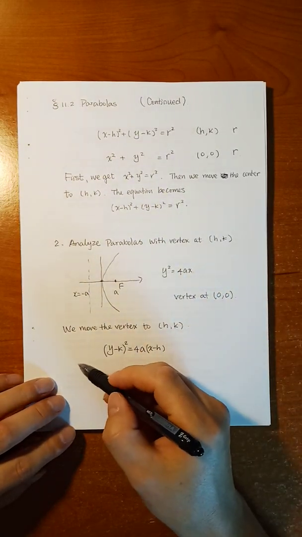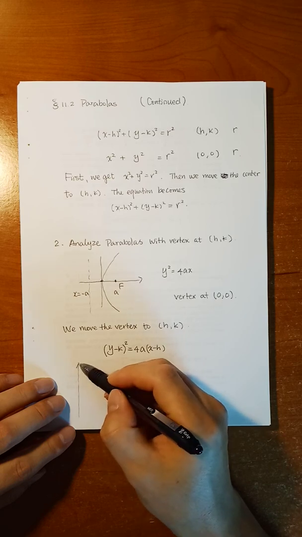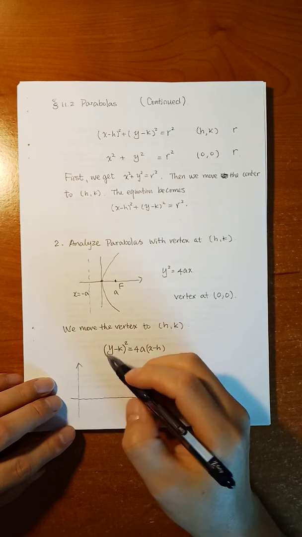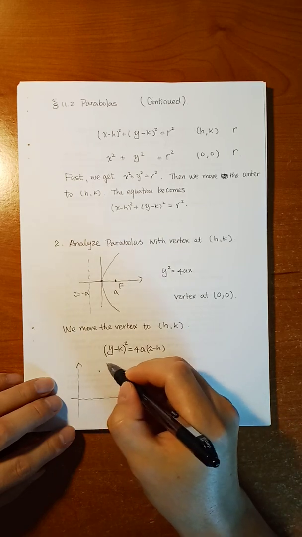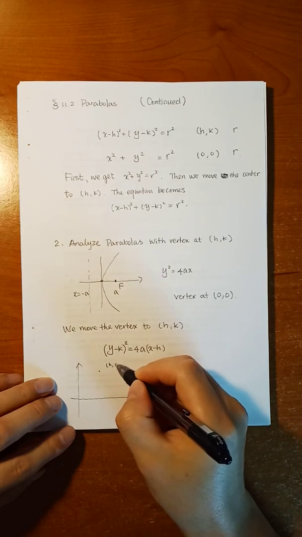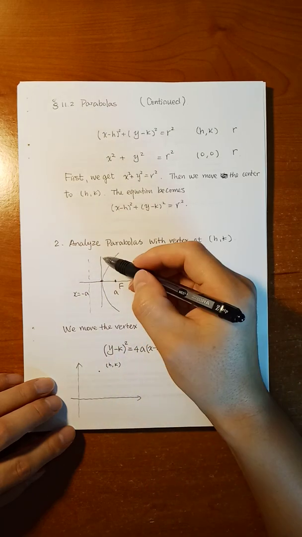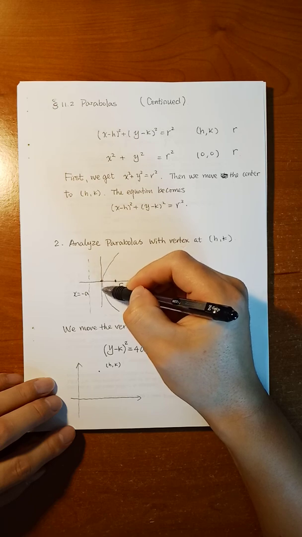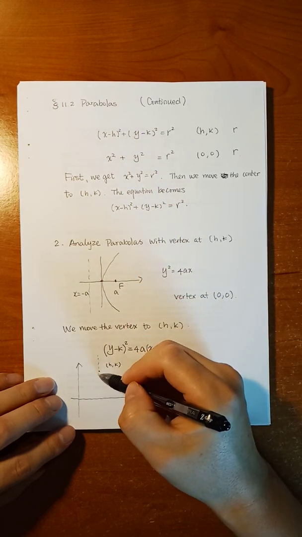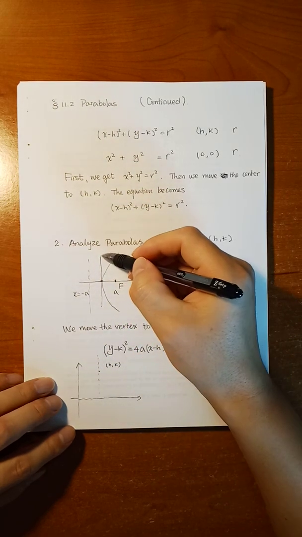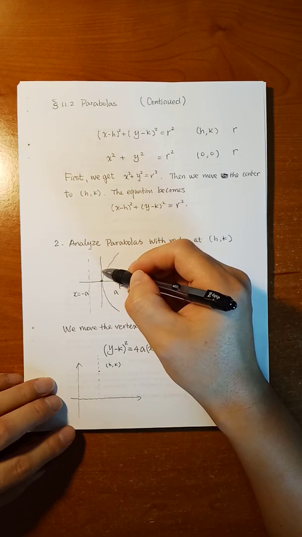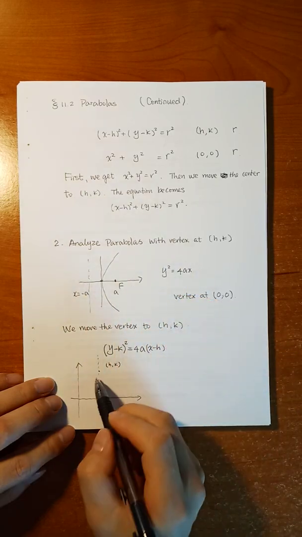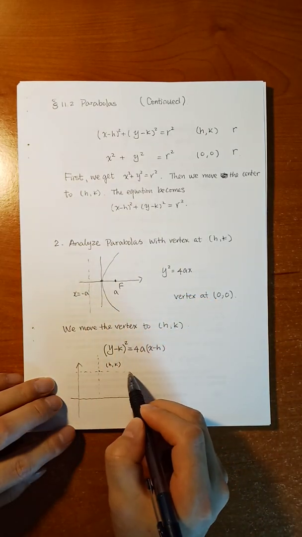The new parabola is possibly like this. For example, this is (h, k). Imagine that you have this line, which should be the y-axis but now it moves here, and there's an x-axis like this.